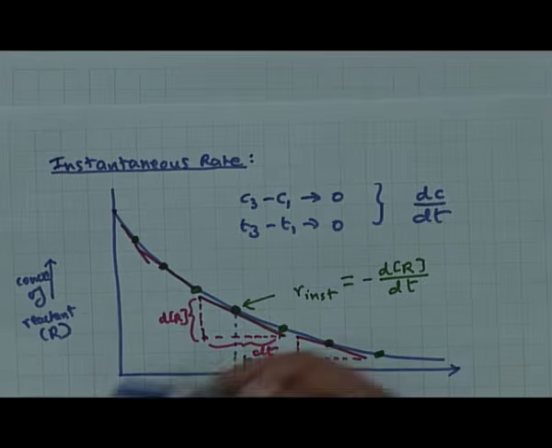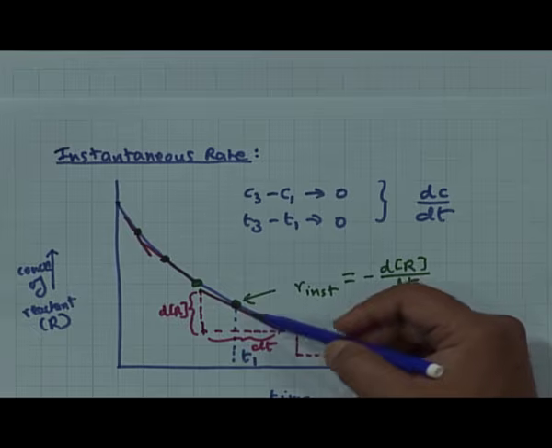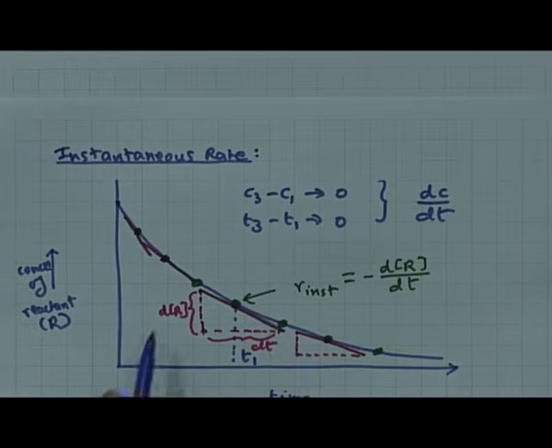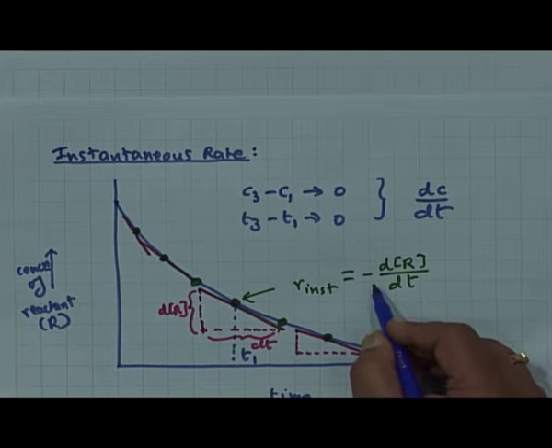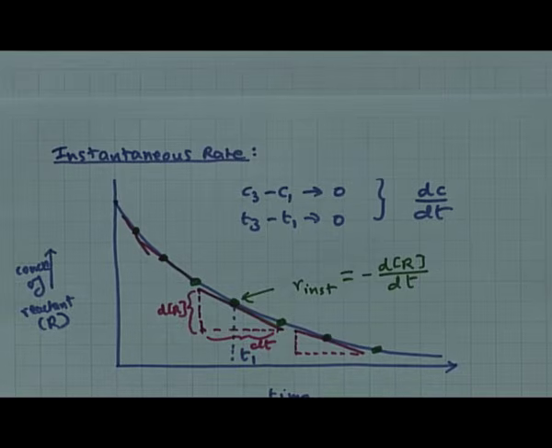For example, if you want to get the instantaneous rate at T1, you would draw a tangent at T1, and then the instantaneous rate is equal to the negative of d[R] over dT, where R is your reactant and the brackets mean the concentration of the reactant.